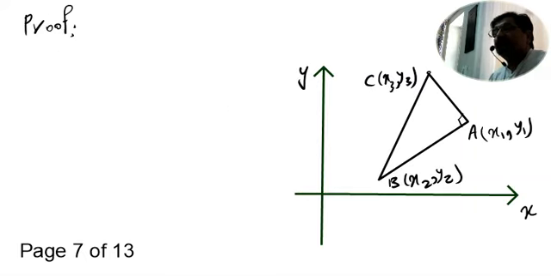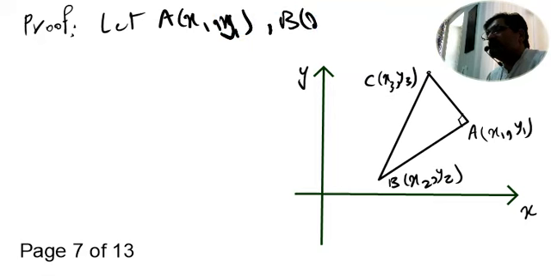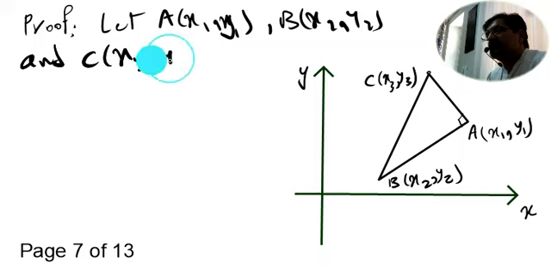So let A be (x1, y1), B (x2, y2) and C (x3, y3).